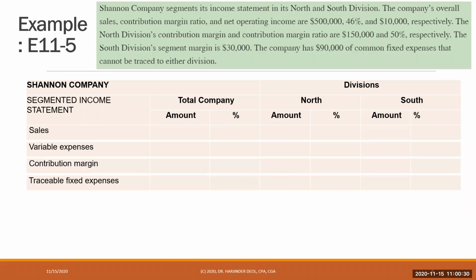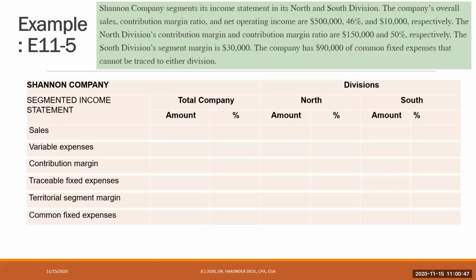So we will subtract the traceable fixed costs, and I'll talk about these in a minute, to get the territorial segment margin. And once you've got the segment margin for the divisions or the territories, then we can subtract the common fixed costs to arrive at the operating income.